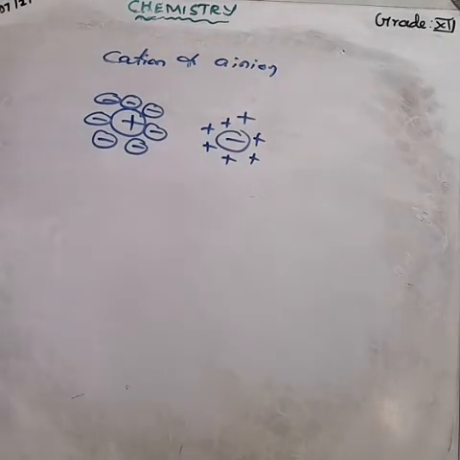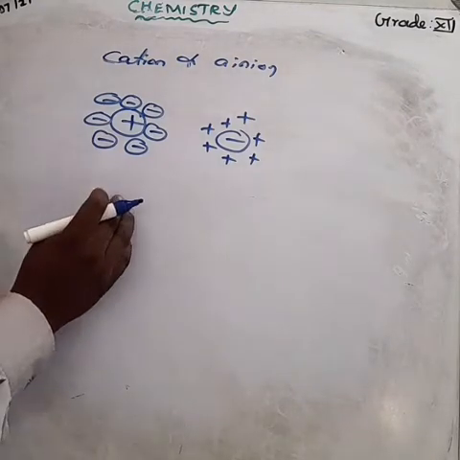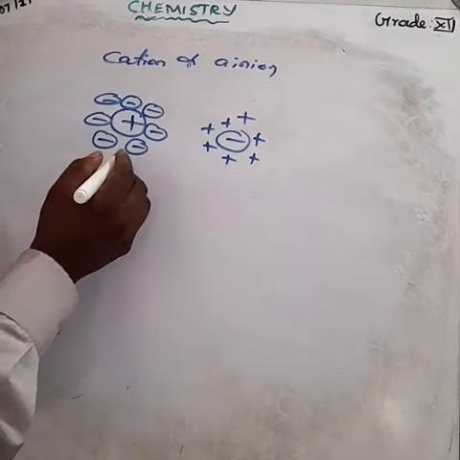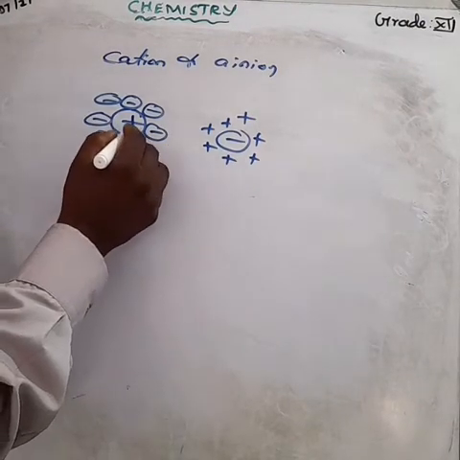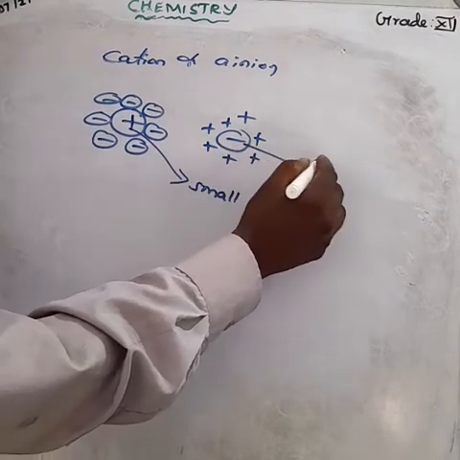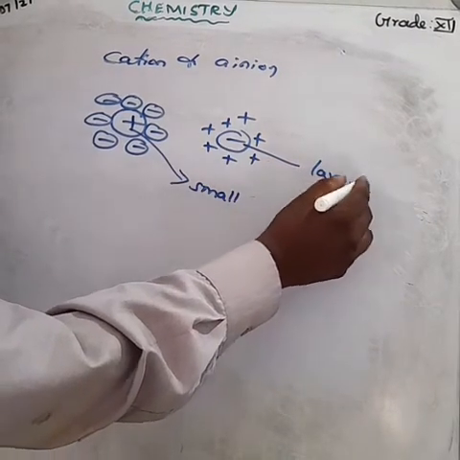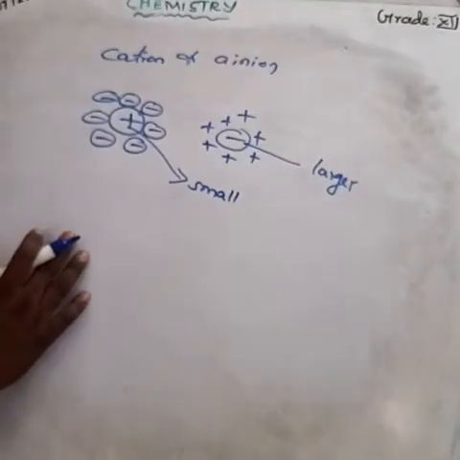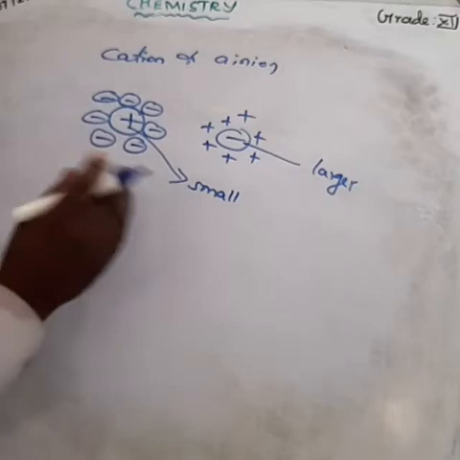Cation is smaller in size and anion is larger in size. When the cation and anions touch each other, we can say they are stabilized, more stable.